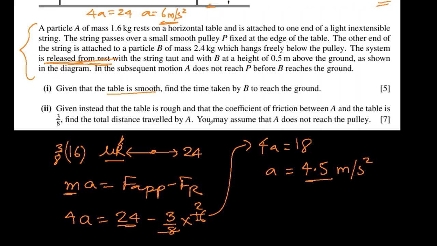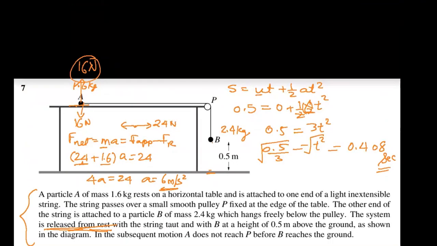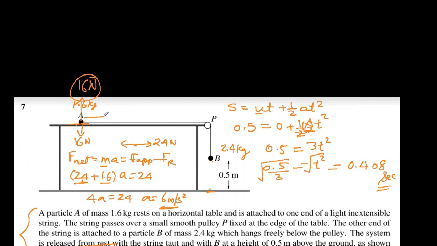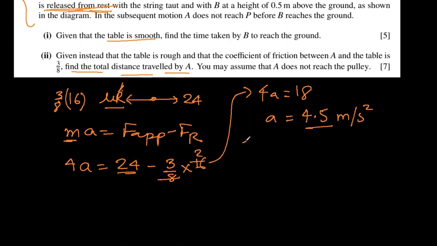Now, the question is, how far? Find the total distance traveled by A. If we go back to the drawing, this A will go 0.5 meters till the B reaches ground and does not stop. By inertia it will move forward. So let's find what is its velocity at this particular stage when the acceleration we just got is 4.5 meters per second square.